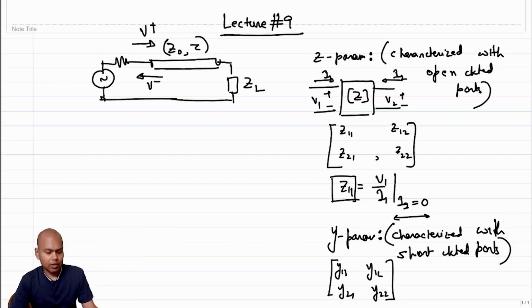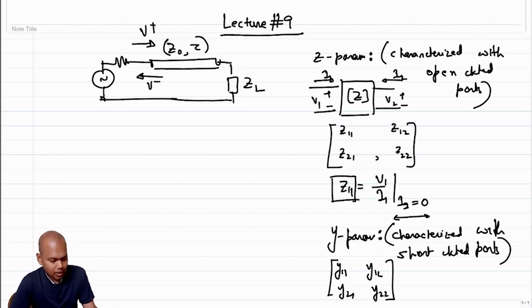Within quotes, higher and lower. So that is why Z parameters and Y parameters can be used to characterize systems which are operating at much lower frequencies than RFICs, right? And so when you can neither short nor open circuit a port, effectively these parameters are of little use.